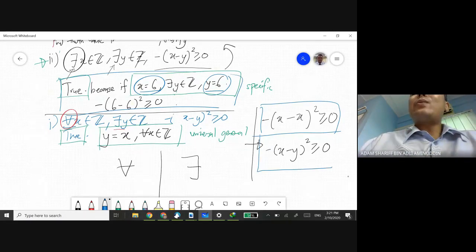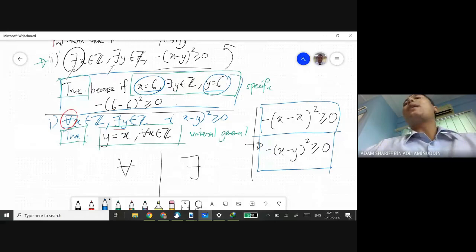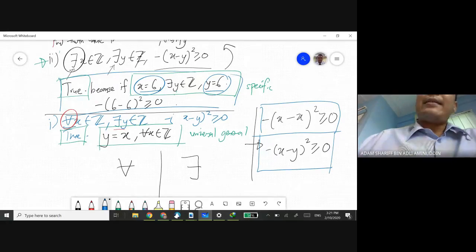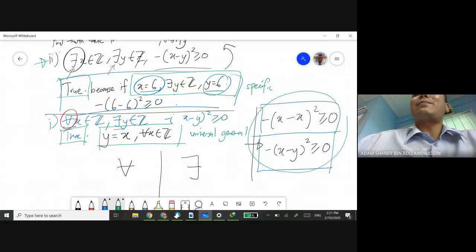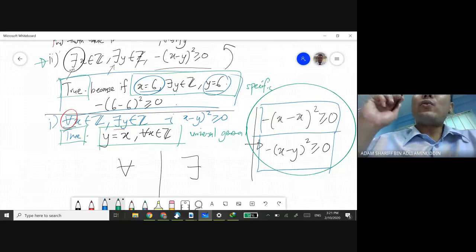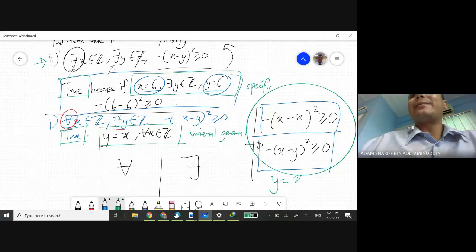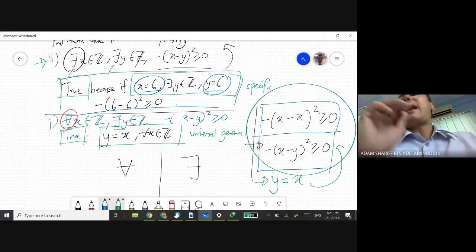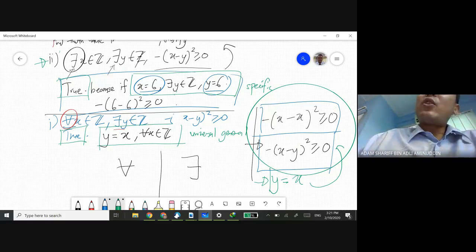If they put this one, I still need to ask what the y is. Regardless, the answer that I really seek is this explanation. But I really want to see y equals x. If you put this, then you complete your reasoning with this top statement. Both of these representations I accept, as long as the student shows this.